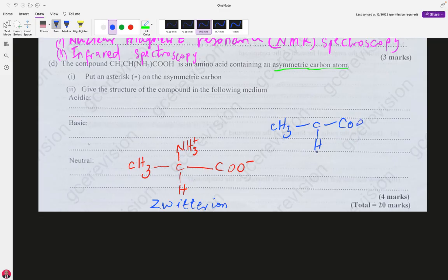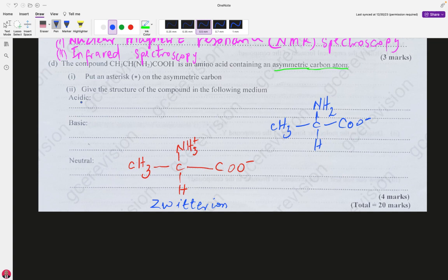So the structure of the compound, yeah, there's minus here. And there will be NH2 and COO minus.